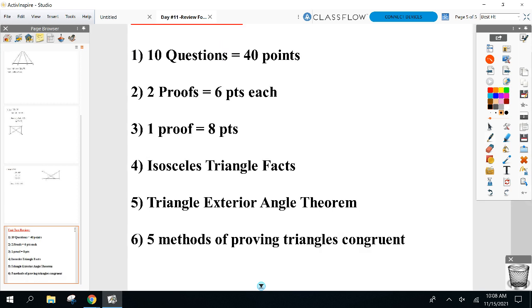Triangle, isosceles triangle facts. What am I talking about there? If AC and BC are congruent, what can you conclude? Scott, let's go. Angle A and angle B are congruent, correct.